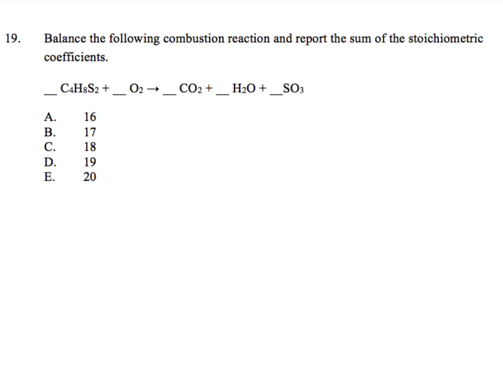So when doing the balancing, find your most complicated species. This is a combustion-like reaction. We're reacting with O2, but we produce sulfur trioxide as well. So let's start with our most complicated thing, and that's C4H8S2, and go ahead and stick a 1 in front of that.